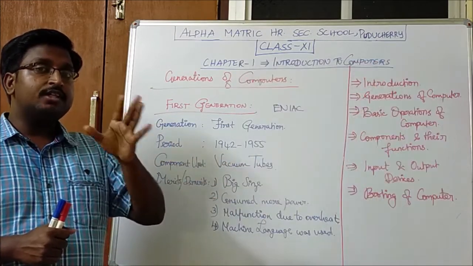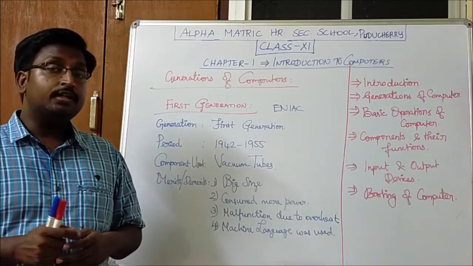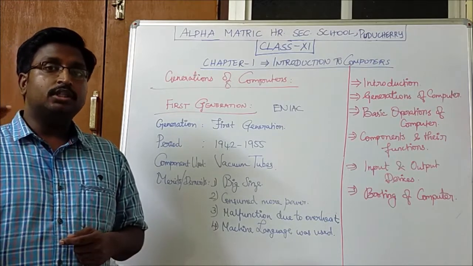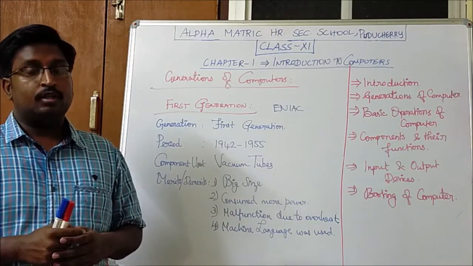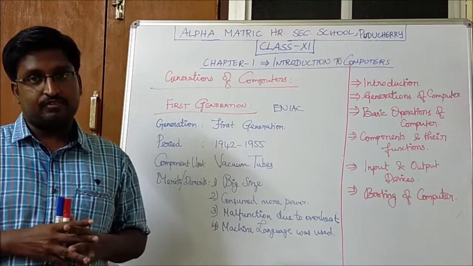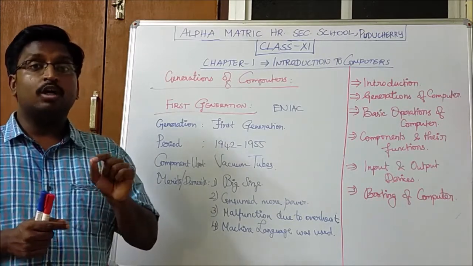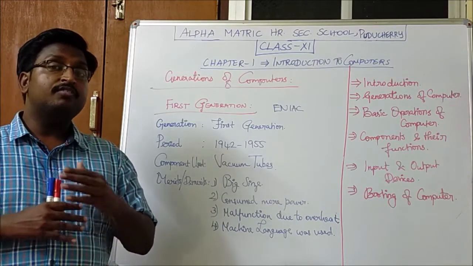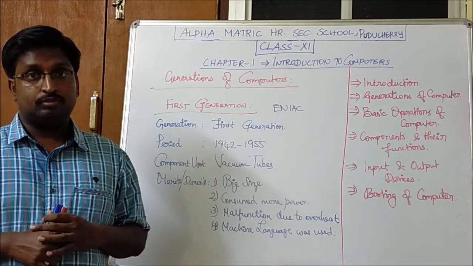They have used 17,000 vacuum tubes, and it weighs about 27 to 30 tons, and it is huge in size, and it consumes 150 watts total current. So these are the major disadvantages they have faced.